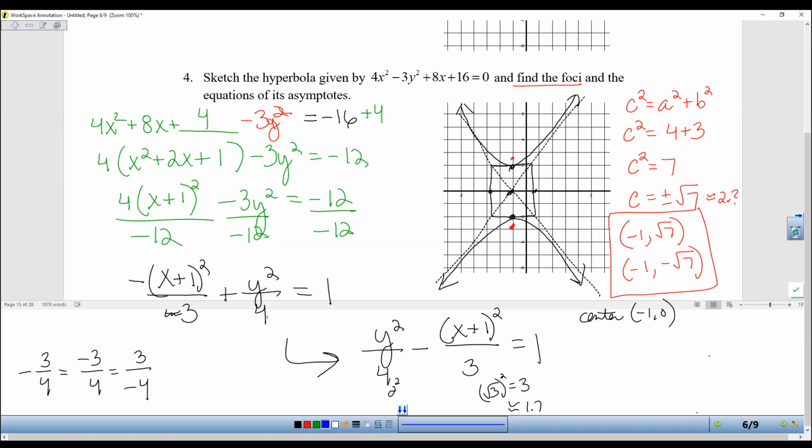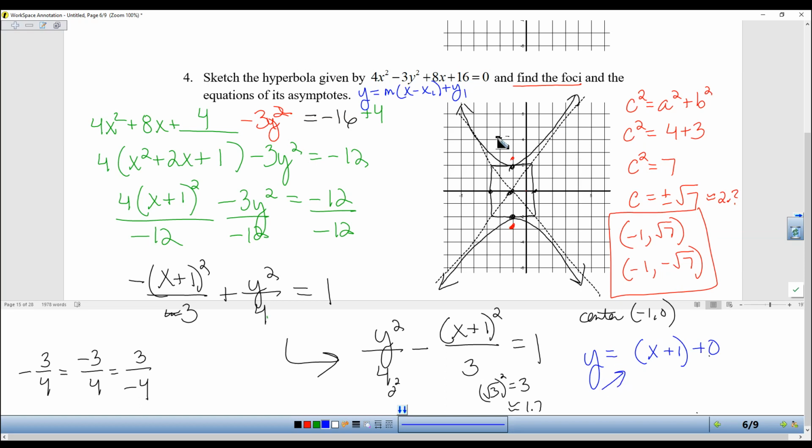And last, the equations of the asymptotes, which, like I said, I recommend you use y is equal to m times x minus x1 plus y1, because then you can always use the center as your x1, y1. So our asymptote is going to be y is equal to m, which we don't know yet, times x plus 1, because it's minus minus 1, and then plus 0. So we just need to find this slope.